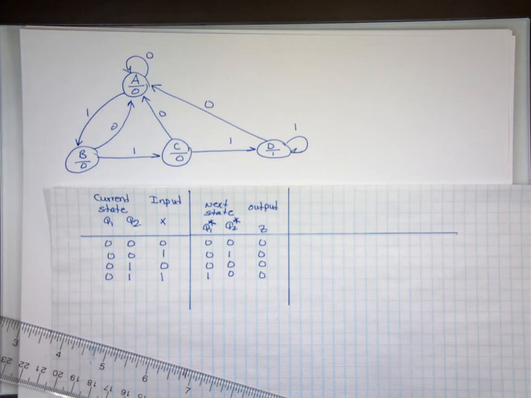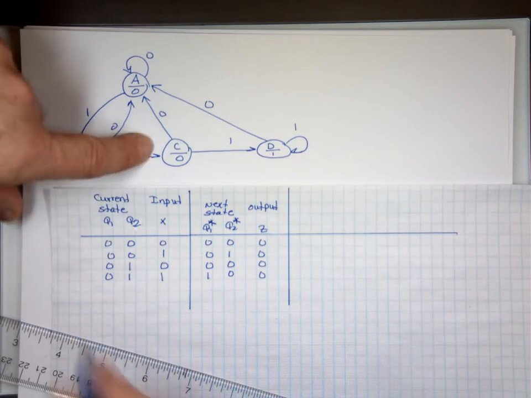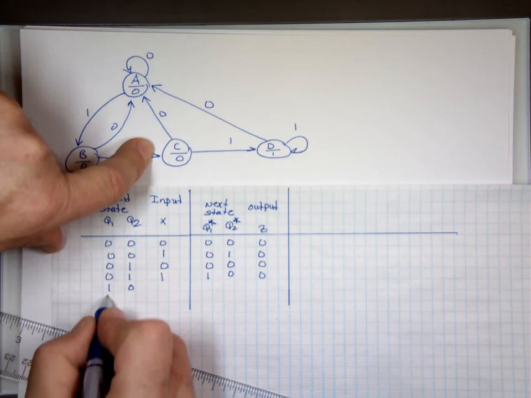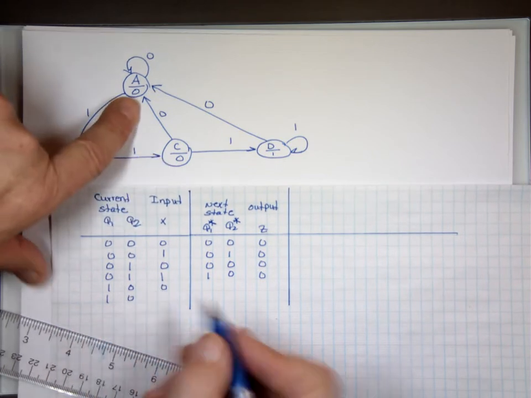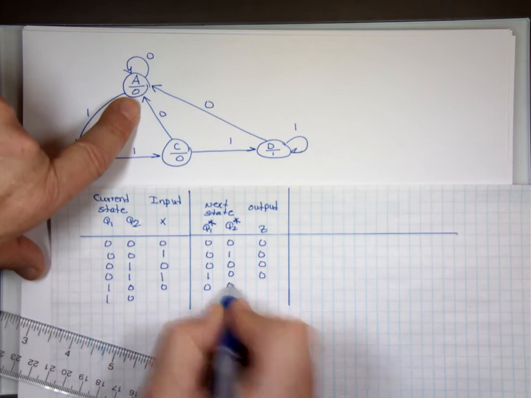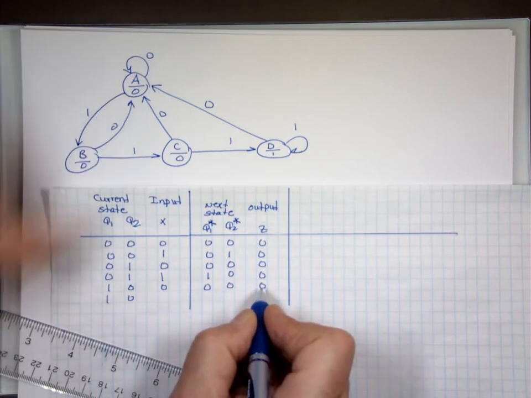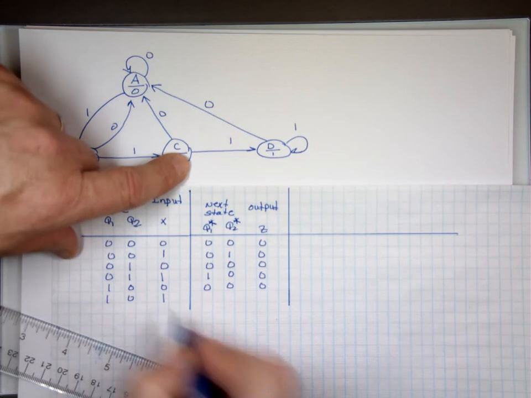If I'm at C, which is 1, 0, and I put a 0, I go to state A, which is 0, 0, my output is 0. But if I put a 1, I go to state D, which is 1, 1, and my output is 1.